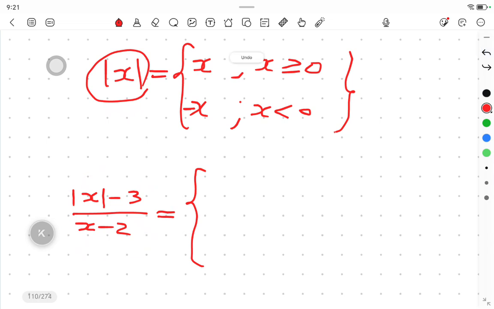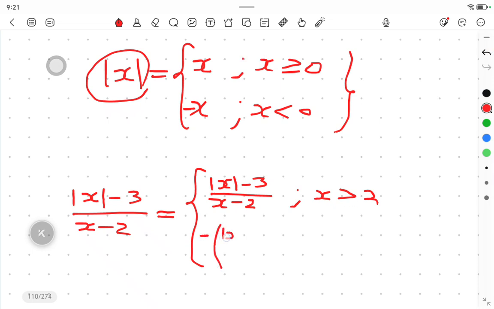This will be positive. Remember, this will remain the same if x is greater than 2. Obviously, it can't be equal to 2, so I'll just take out that equal sign. And this will be negated.